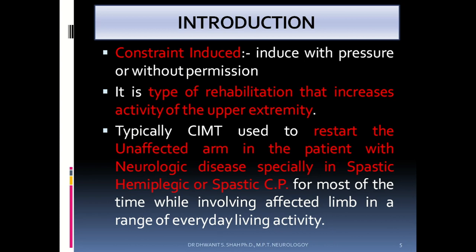But it is a type of repetition which increases the activity of the affected upper extremity. Typically, CIMT is used to restrain the unaffected arm in patients with neurological disease, especially spastic hemiplegia or spastic CP. Initially, it was used for most of the time while involving the affected upper limb in a range of everyday living activities.